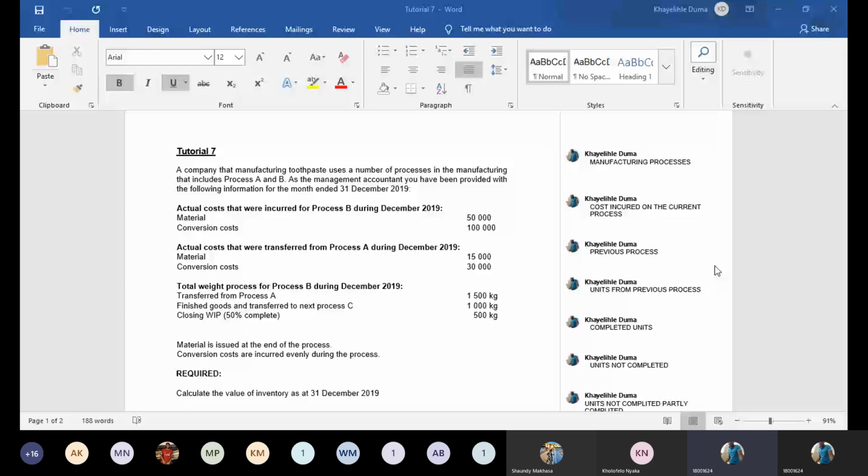Then process B is where you put them together using sewing machines; the needles are part of the sewing machine. So process A, you are cutting. Process B, you are putting these things together.